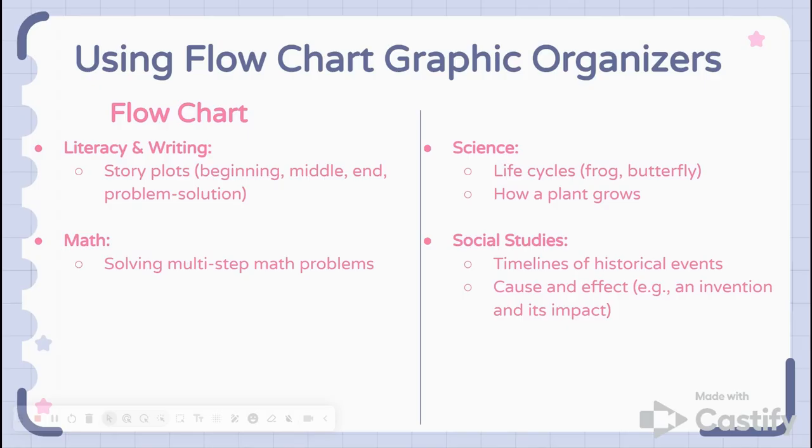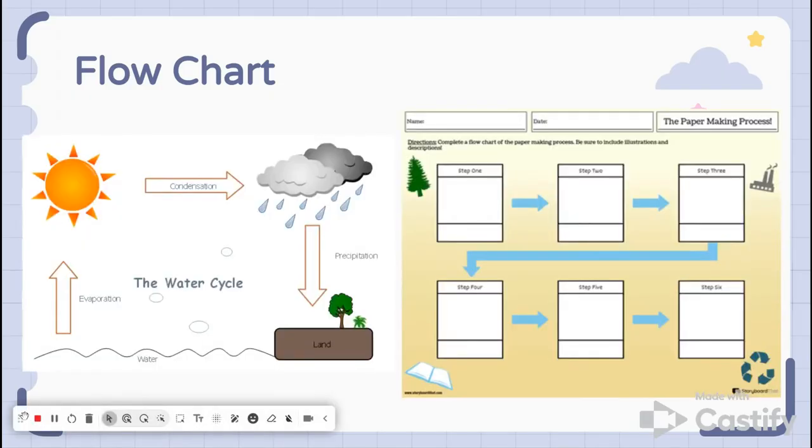For social studies, maybe timelines of historical events, or cause and effect, maybe an invention and its impact, or even decision-making processes, like how a bill becomes a law. Here are a couple examples of flowchart graphic organizers.